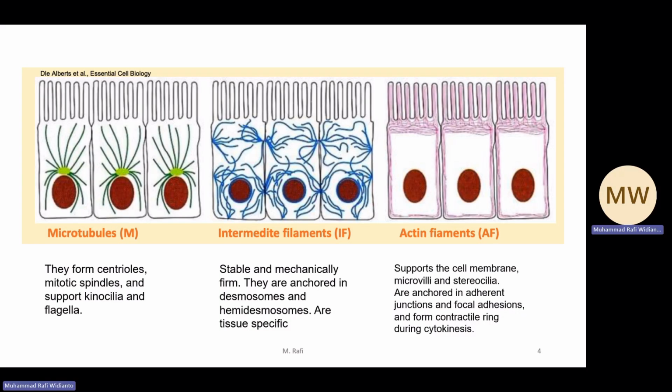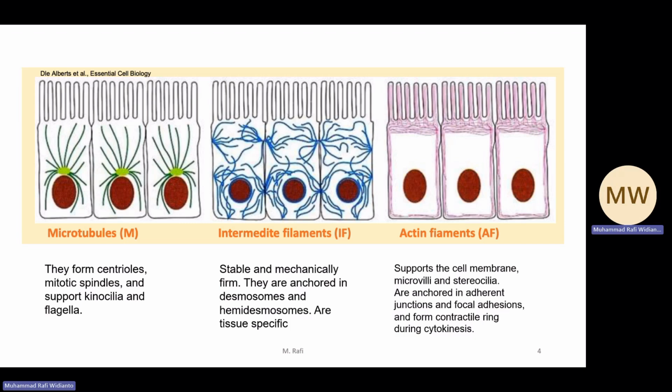And so here are three schemas of the cytoskeletons. We have the microtubules, which start off from the MTOC, the microtubule organizing center, and branch out towards the periphery.